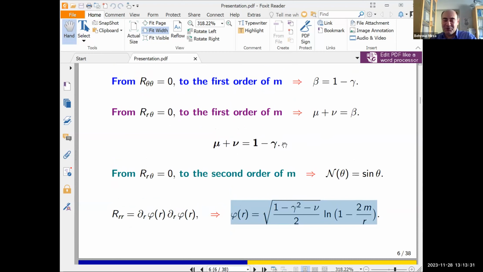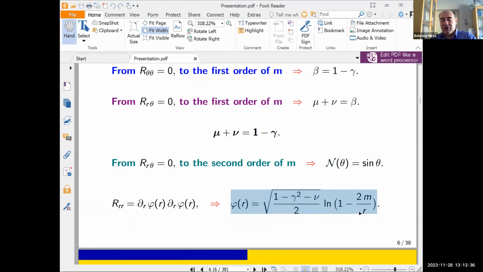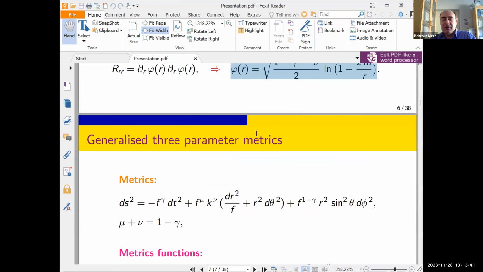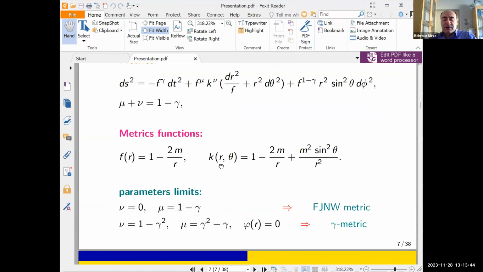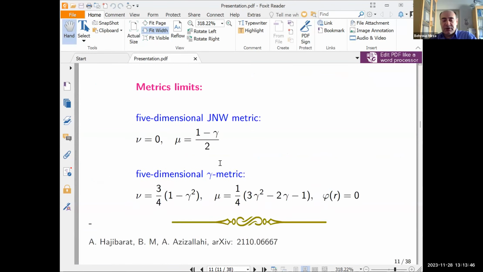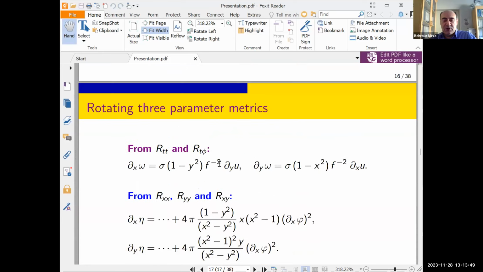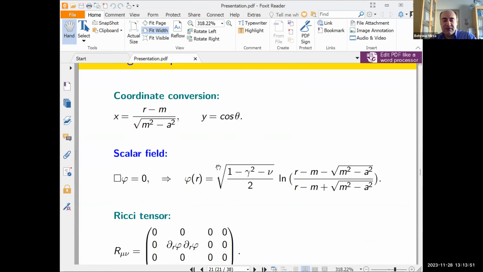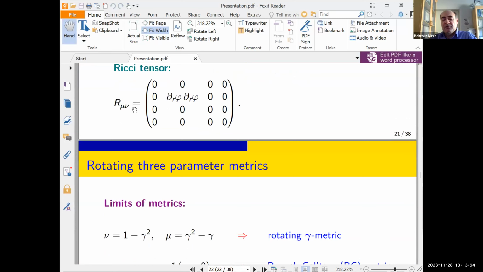I don't know how to explain why phi does not depend on theta also. If phi depended on theta, then our Ricci tensor must have other components not equal to 0. If you see this equation, if phi were dependent on theta, then I would have to write another d theta phi here, dr d theta phi here and here.